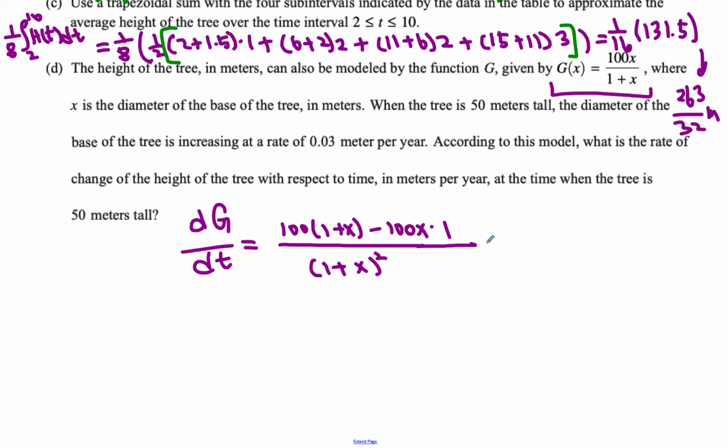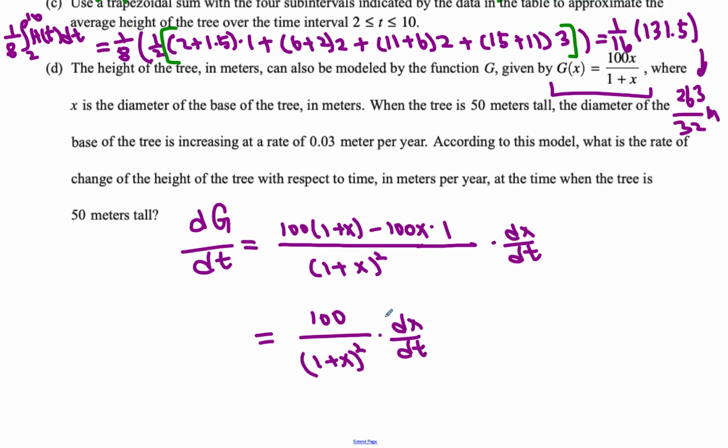Then multiply that by dx/dt, by the chain rule. Then what we end up getting here is 100x cancels away, so we have 100 over (1 plus x) squared times dx/dt.